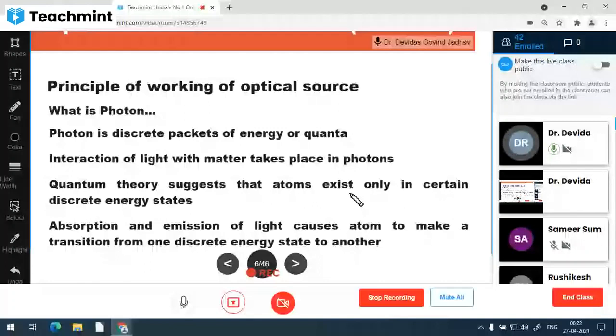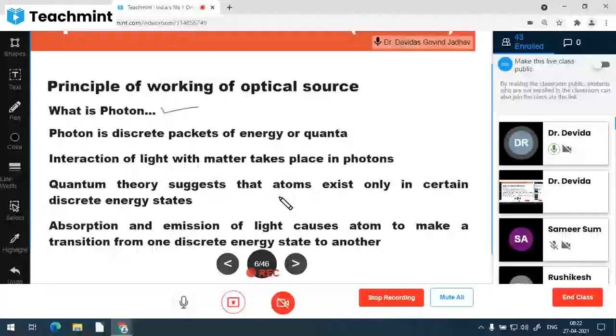Then, we know optical source is related with optics, and optical energy is in the form of photons, small energy bundles. A photon is a discrete packet of energy, or quantum. Interaction of the light with matter, a semiconductor substance, takes place, and it gets absorbed and radiated by the matter.